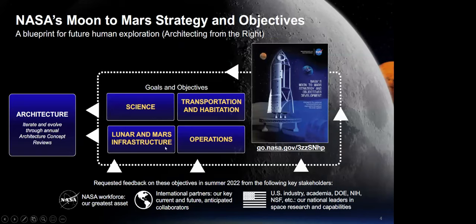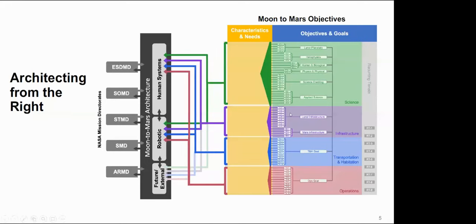For this community here, we're particularly interested in the lunar and Mars infrastructure. And of course, the other ones are also interesting, but I think that's the one that this community is most interested in. Once we have the Moon to Mars objectives, then internally at NASA, we have the characteristics and needs, and those are allocated to different functional areas.